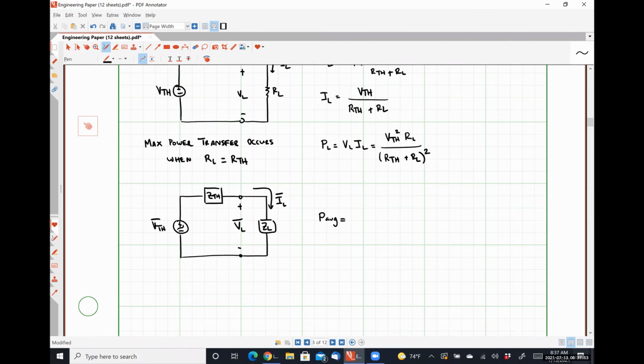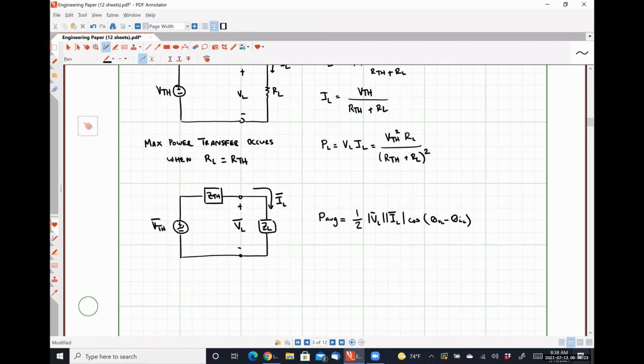One half the magnitude of the voltage, so the magnitude of VL, right, times the magnitude of the current, times the cosine of theta VL minus theta IL, right? That has to be our average power. We have proved it.